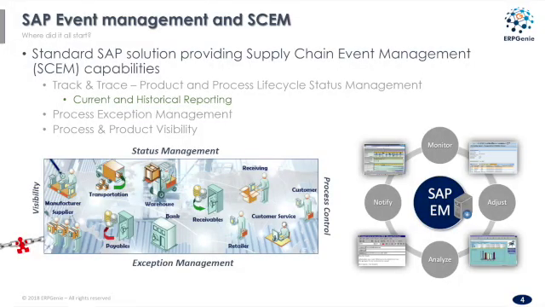So first of all, the standard implementation of supply chain event management from an SAP perspective is the SAP Event Management module. The purpose is to monitor, adjust, analyze, and notify around a business process. When we talk about monitor, we have visibility into a business process to see the status as it goes.